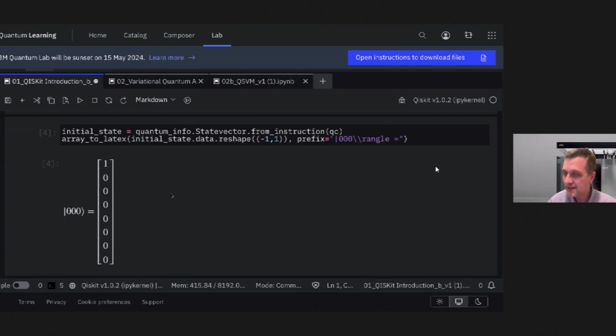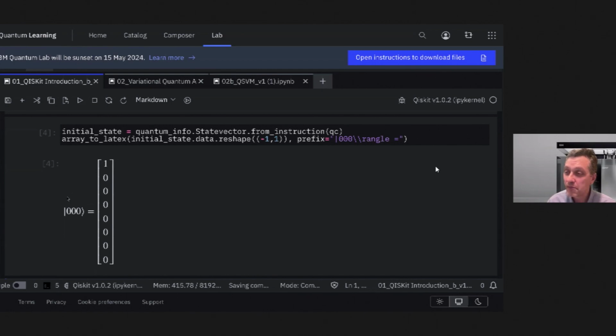You will see that the number of dimensions of the quantum space is 2 to the number of qubits. In classical computers, we have 2 to the number of bits numbers, but in a quantum computer we have 2 to the number of qubits dimensions. So we have a space with a lot of dimensions.